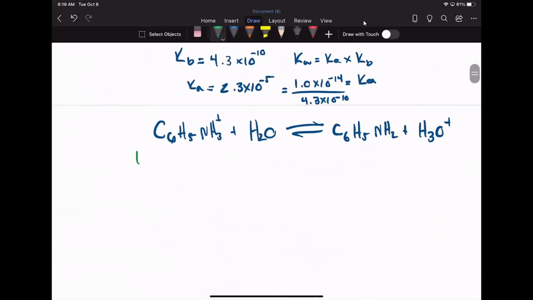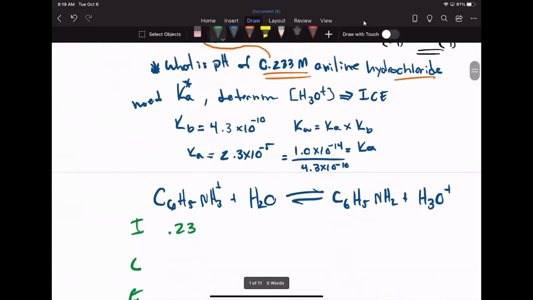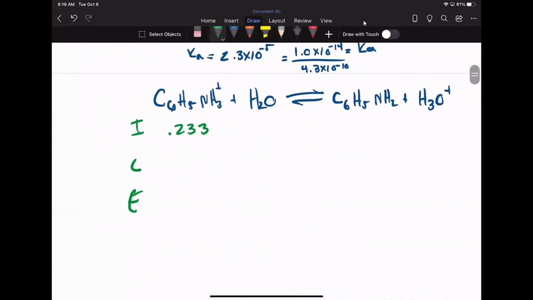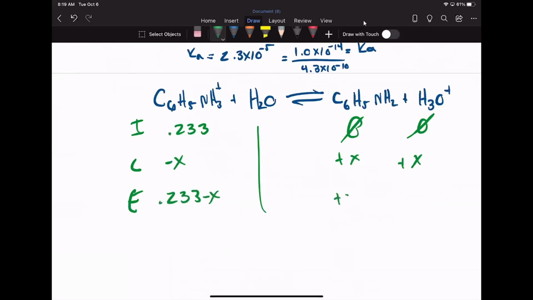So if I draw my ICE table, I have 0.233 initially. I don't do anything with water. Then 0, 0, minus x, plus x, plus x, giving 0.233 minus x, plus x, plus x.